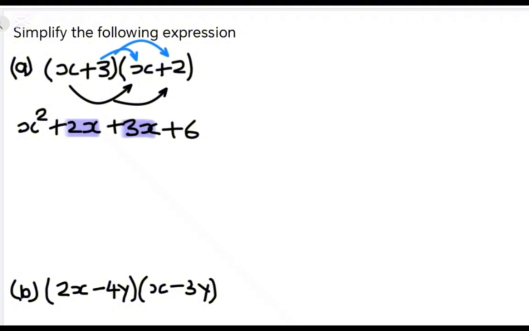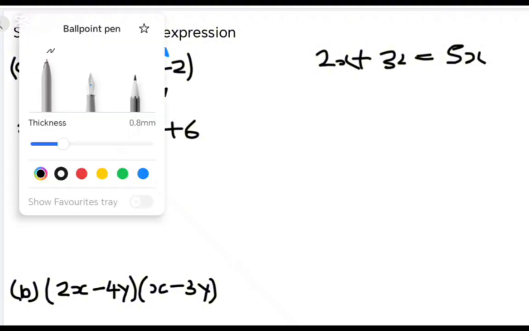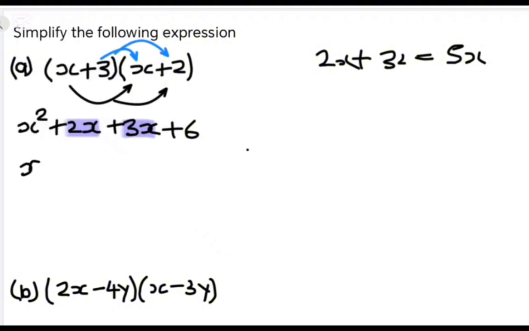You just take 2 and add it with 3 in your calculator, which is going to give you 5. Since there is x and x, we're just going to put x there. So we're going to have x squared plus, when we add these two, 5x plus 6. So this is how to simplify this one.